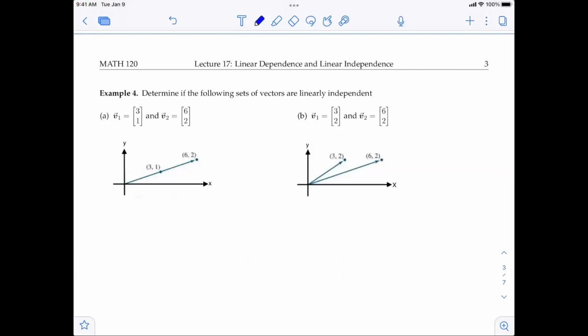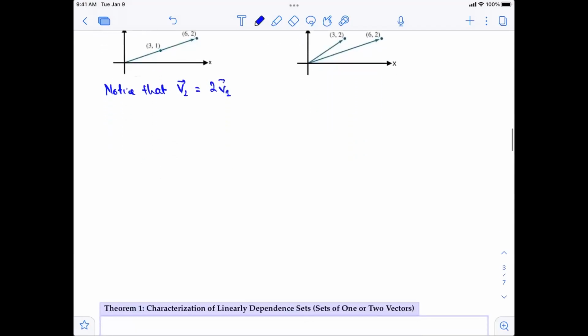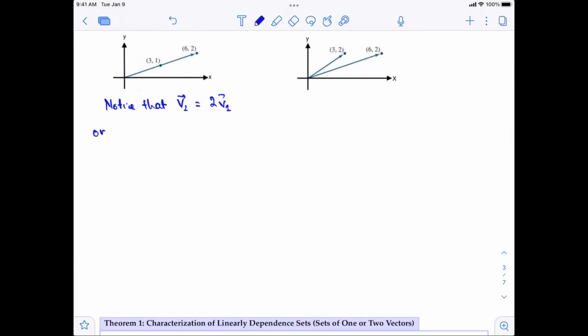So that is, v1 and v2 depend on one another. Okay, so notice that v2 is equal to 2v1. If you rearrange this equation, we have negative 2v1 plus v2 is equal to the 0 vector, right?